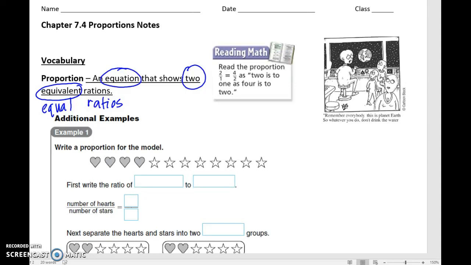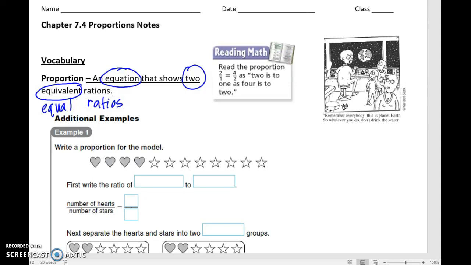But since it's a proportion, I'm going to read this as 2 to 1 as 4 to 2, saying that 2 over 1 is equal to 4 over 2. So I could also flip it, and I could say 4 to 2 as 2 to 1, because they are equivalent. So I can flip-flop them, and it's okay.